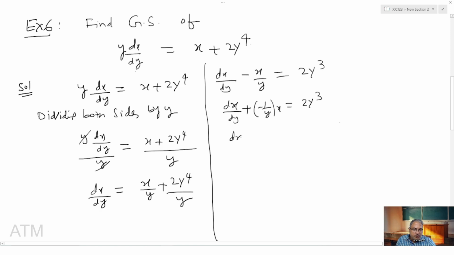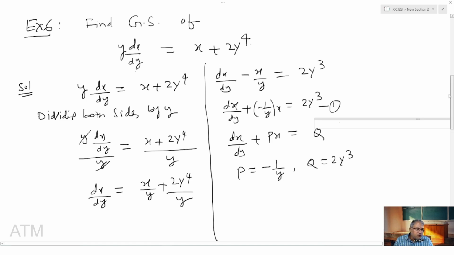Call it equation 1, and comparing with dx/dy + Px = Q, P is minus 1 upon y and Q equals 2y^3, as per the second rule. What is the second rule here?